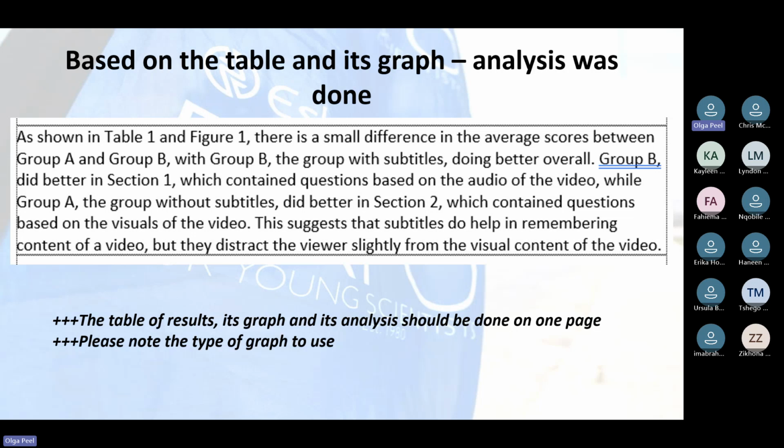And that's what an analysis is, because they're actually saying, I'm looking at the 4th line, Group A, the group without subtitles, did better in section 2, which contained questions based on the visuals of the video. This suggests that subtitles do help in remembering the content of a video. So in other words, it's not just writing it out in words, it's starting to look at what that information means.